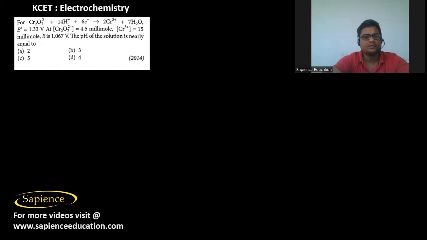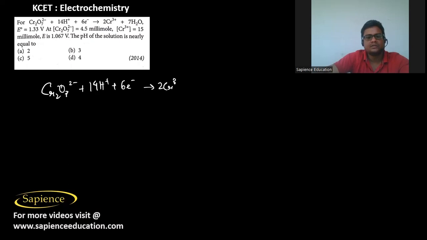Then here it is given for Cr2O7 2 minus plus 14H plus plus 6 electrons gives 2 Cr3 plus plus 7 H2O.